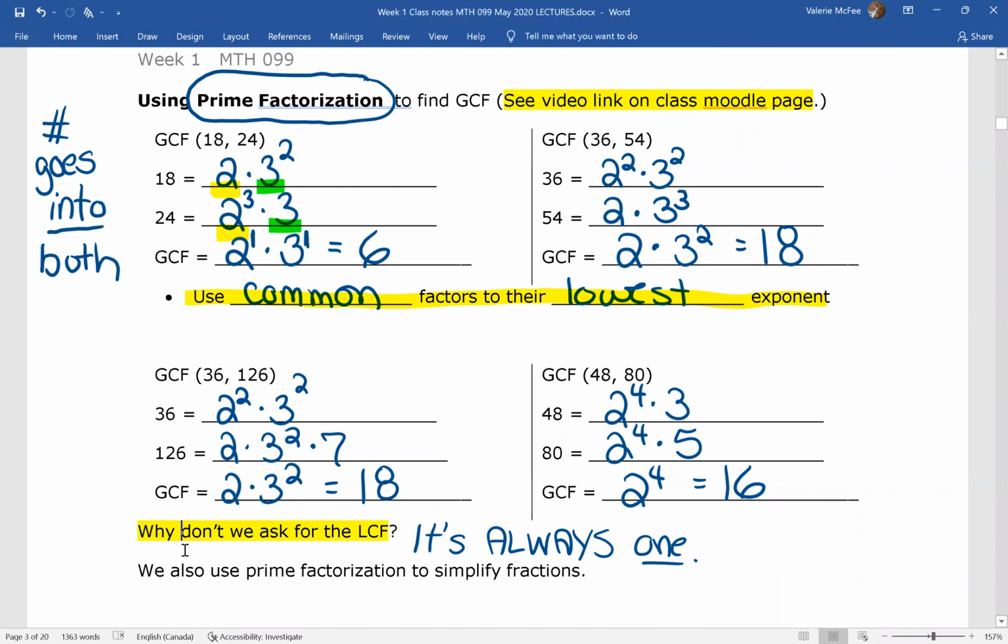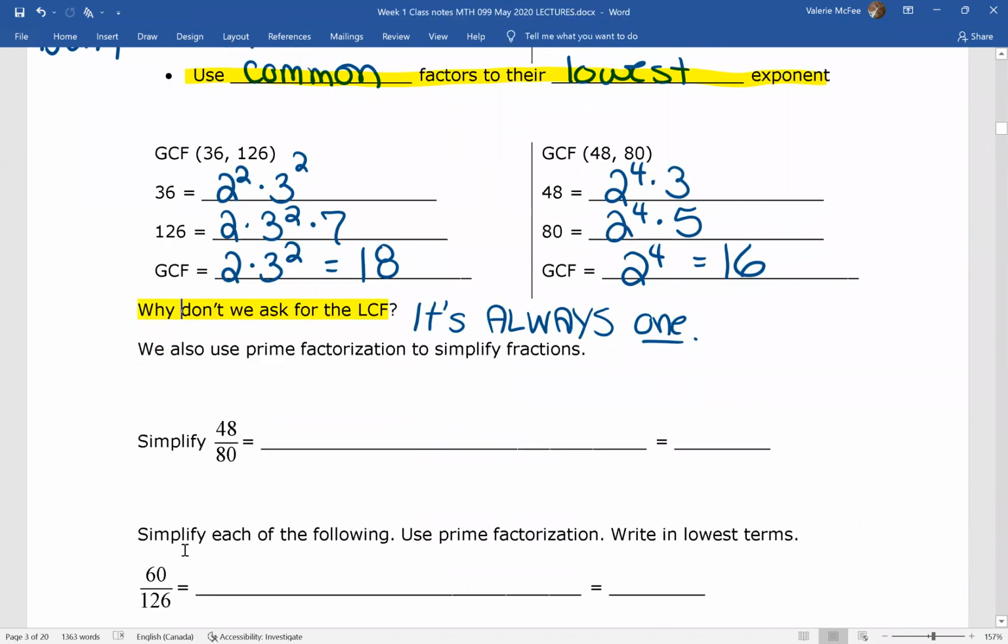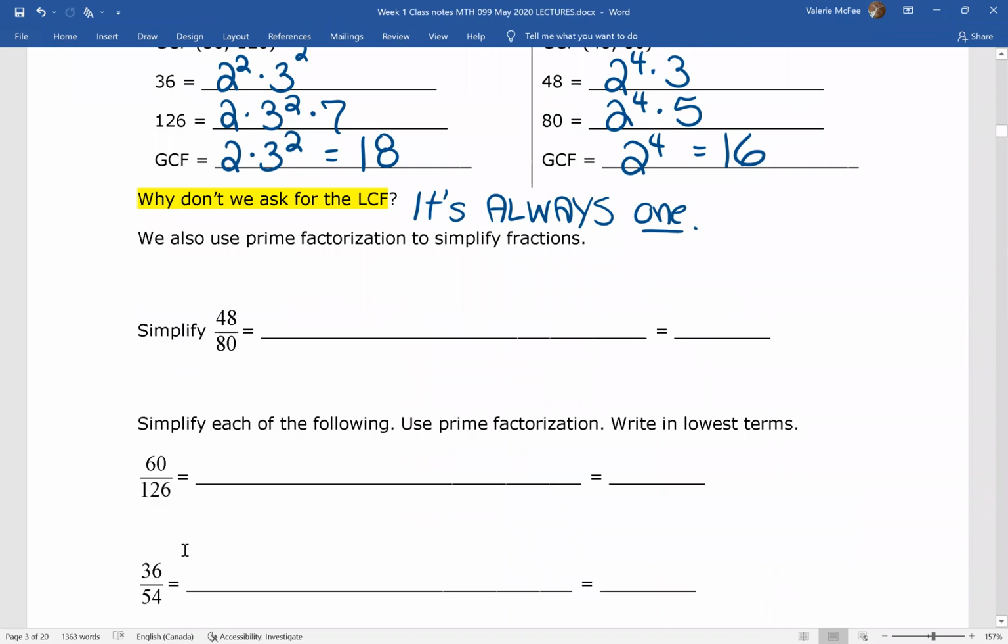Now, prime factoring is also helpful when we look at simplifying fractions. I know some of you have another method for simplifying fractions, and I'm happy about that, but I do want you to practice prime factoring. So let's do this. I know that 48 is 4 factors of 2 times 3. 80 is 4 factors of 2 times 5.